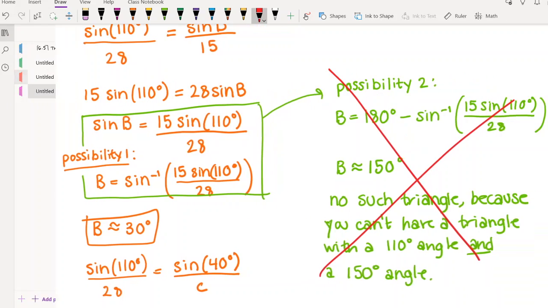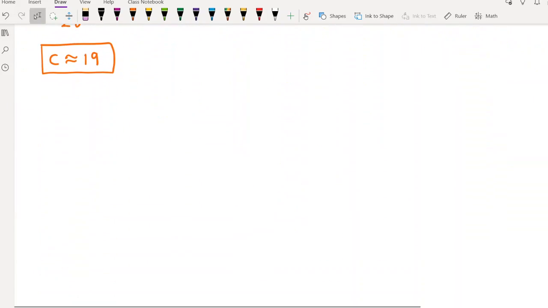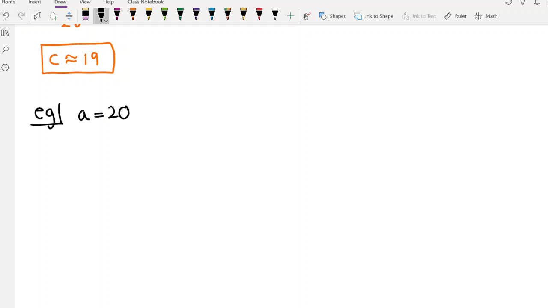Okay, I want to do one more example. Let's say that we're given that side A has a length of 20, side C has a length of 45, and angle A is equal to 125 degrees. So again, that means we have an angle that is pretty big in our triangle.